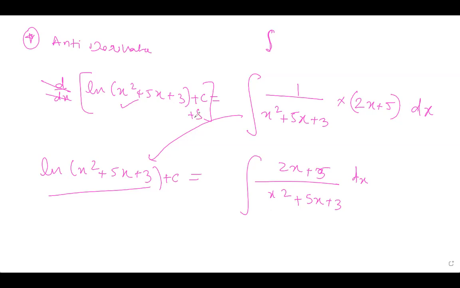Even though there is a plus 5, the derivative will still be this. So you need to be very careful about putting plus c. Now, this is basically referred to as indefinite antiderivative or integration.